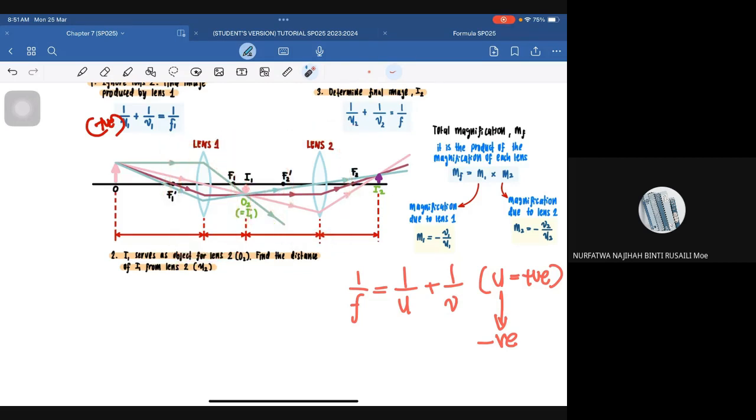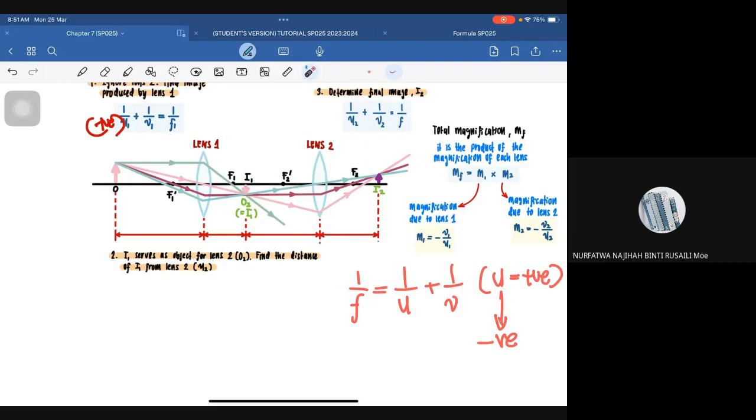So, the image formed by this lens number 1 will become the object for lens number 2. Okay, tapi since image yang kena form ni is in front of the lens, dia masih boleh jadi positif lah. Okay, dia masih jadi positif. So, macam biasa cari juga image.